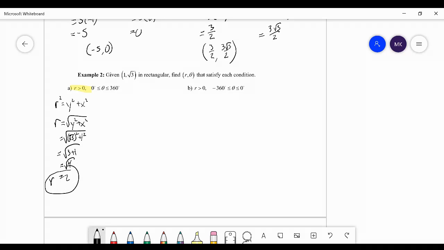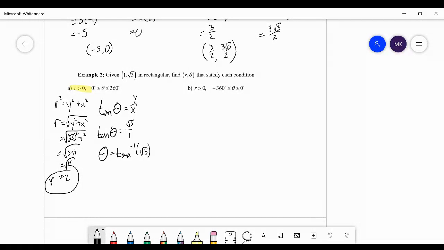Awesome. Now, to find the angle, we know that tangent of theta is y over x. So tangent of theta is root 3 over 1, which means theta is inverse tangent of root 3.